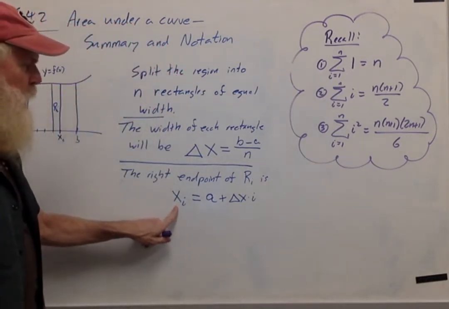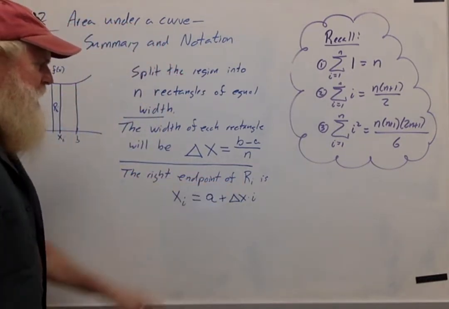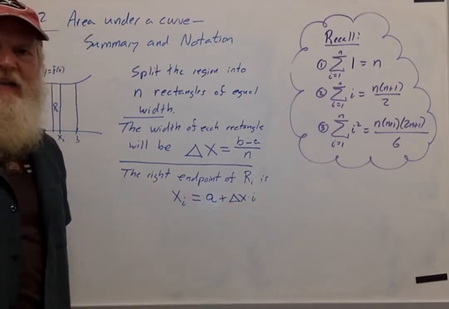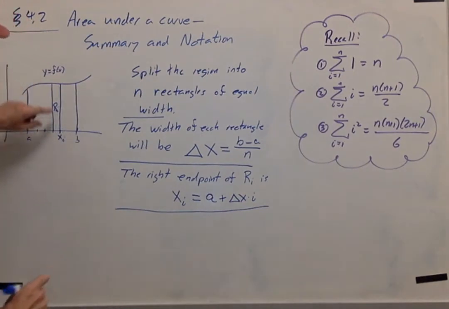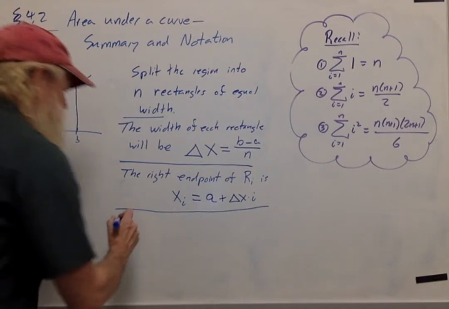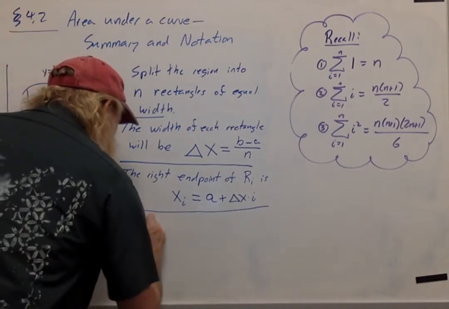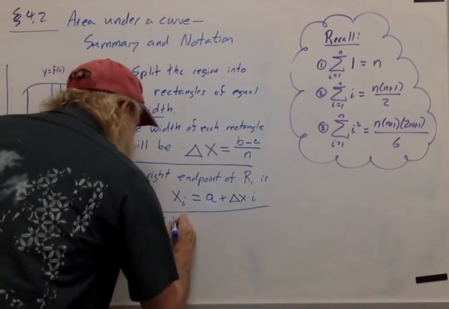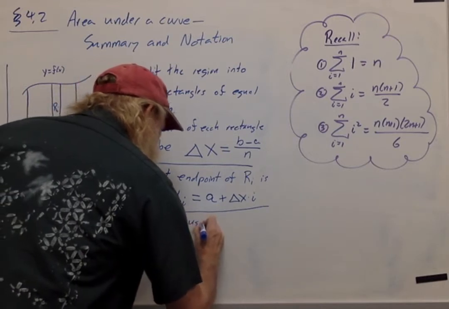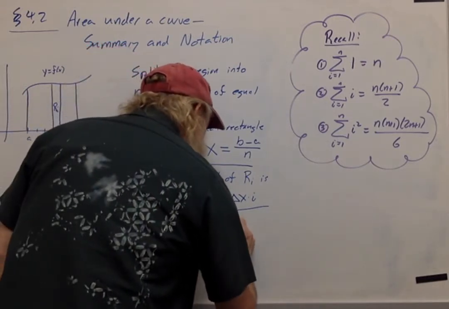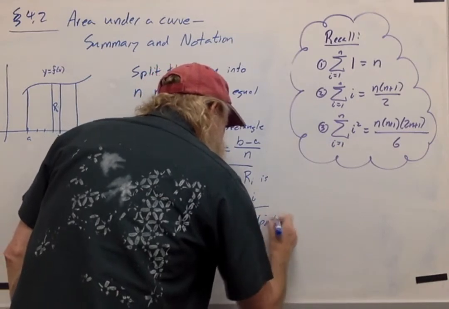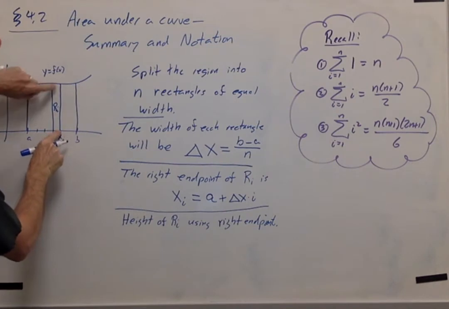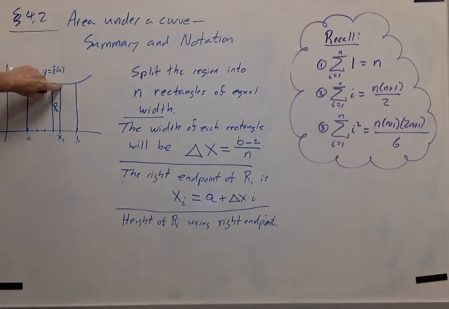So the formula for the right endpoint of rectangle R sub i is a plus delta x times i. So if we determine the height of each rectangle using the right endpoint, you'll get that by taking x sub i and substituting it into the function f.